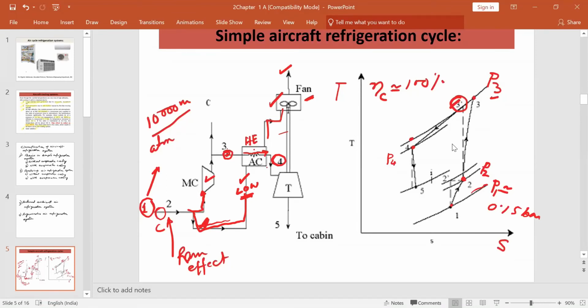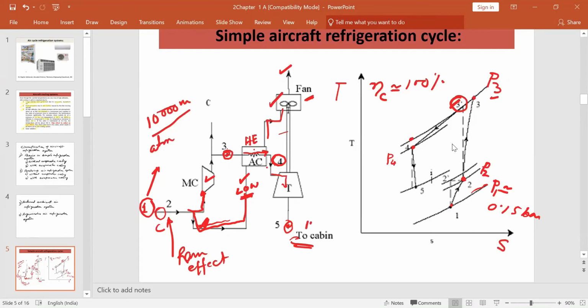The high temperature and high pressure air now passes through the turbine. While passing through the turbine, the temperature and pressure decrease up to the cabin pressure, because this air has to be pushed to the cabin where the passengers are. So we have to adjust the pressure up to the cabin pressure, 1 atmospheric, 1.03 bar.